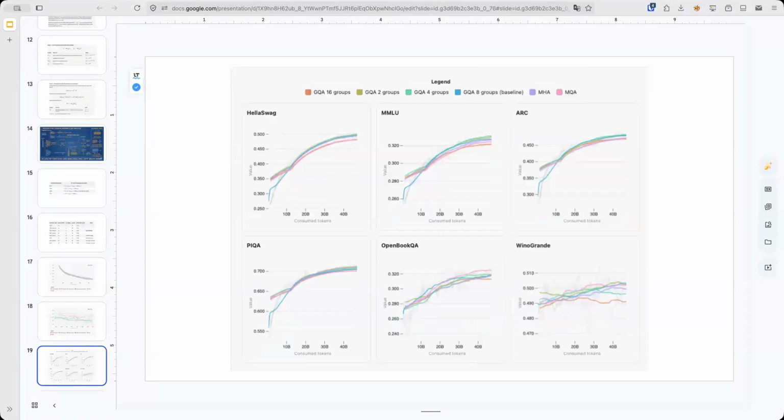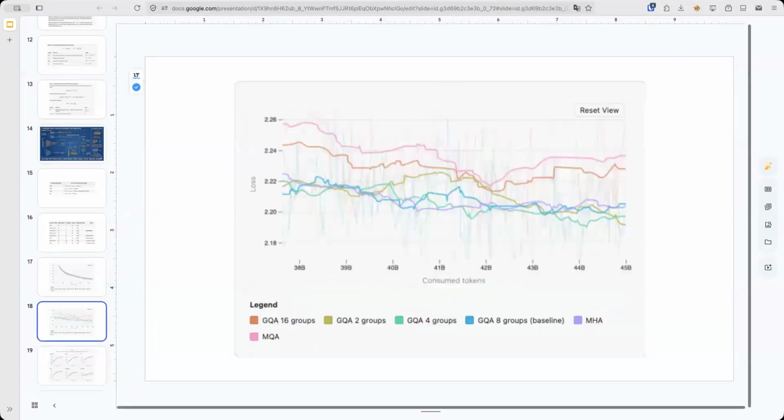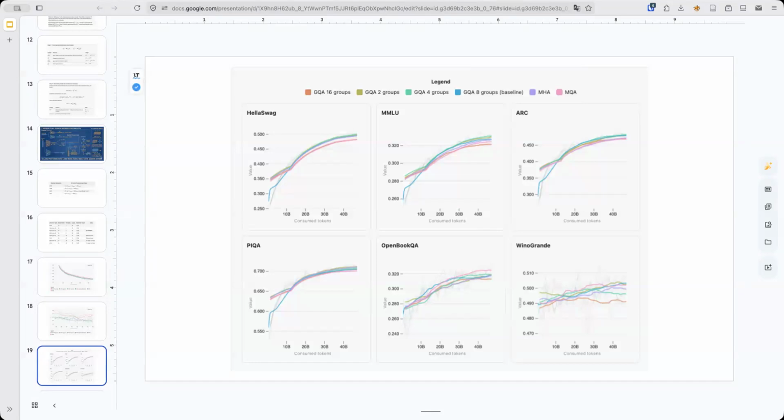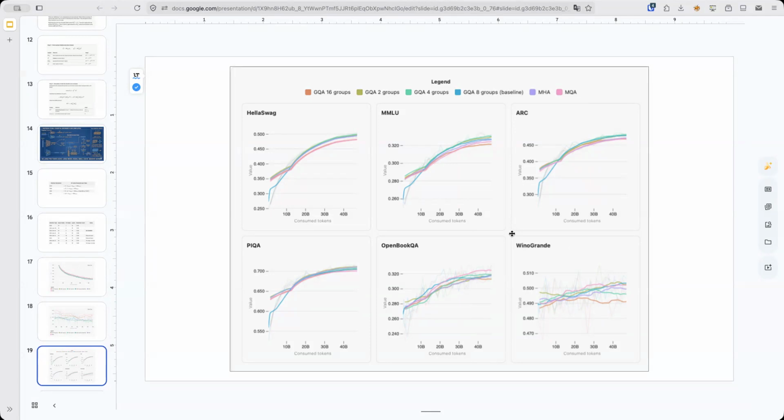And they didn't only look at the loss, they also looked at the real world benchmarks, and we can see that multi-query attention, where they share a single KV matrices, performs the worst. However, we have this weird phenomenon for the OpenBookQA where multi-query attention performs the best.